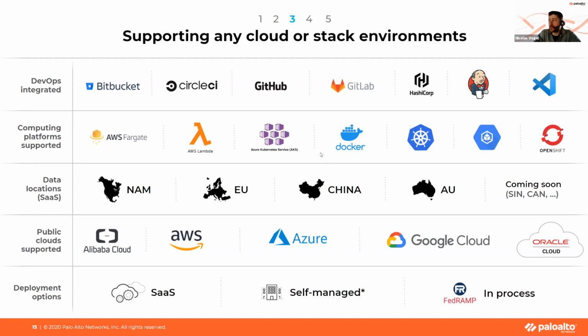For the compute part, we support basically any cloud. Whatever the cloud might be, it can be a public cloud offering, for example EKS for AWS, Elastic Kubernetes Service, or AKS for Azure. It could be containers you're managing yourself on premises, or containers you're managing yourself in public cloud.